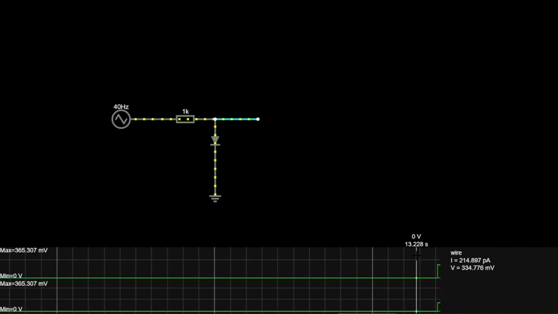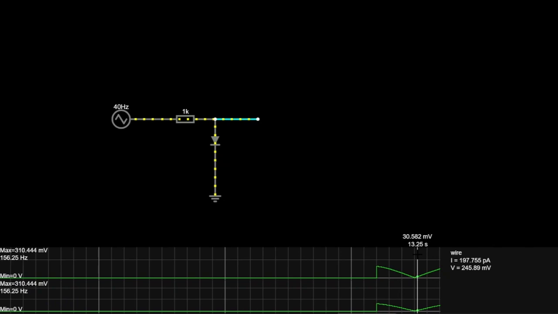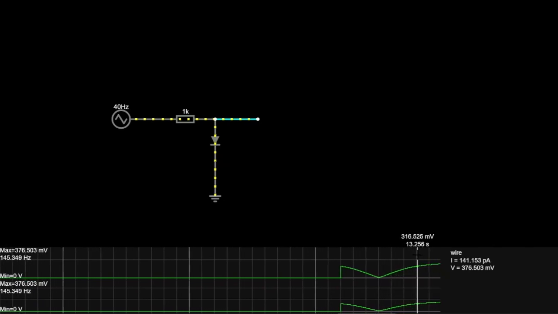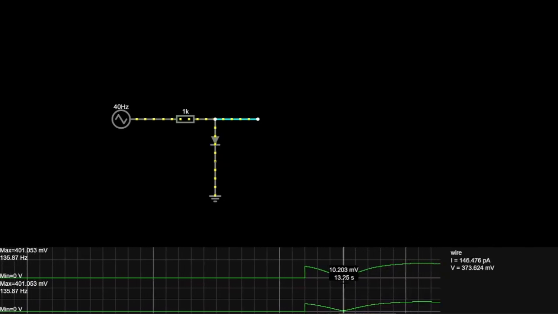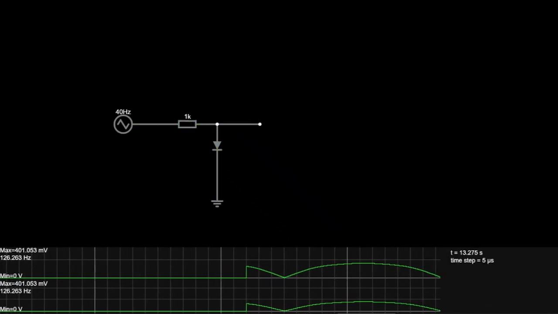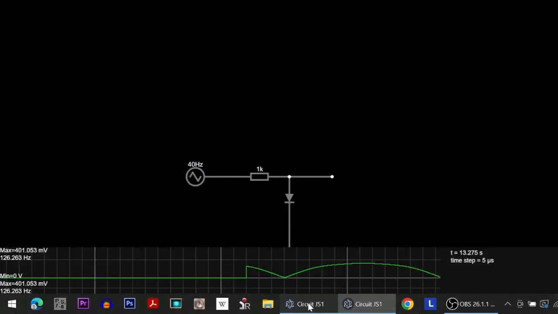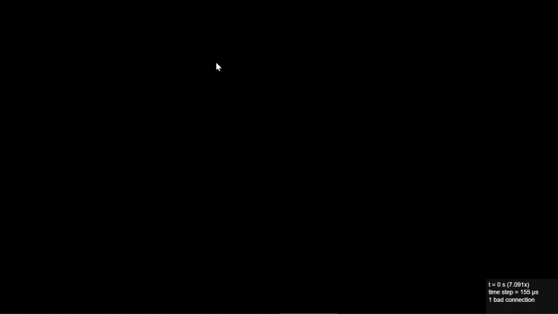This is an effect of the diode's way of functioning. So you see, it's not a triangle wave anymore. It's a bent sine wave. So let's see what I will try to show you here. Okay.